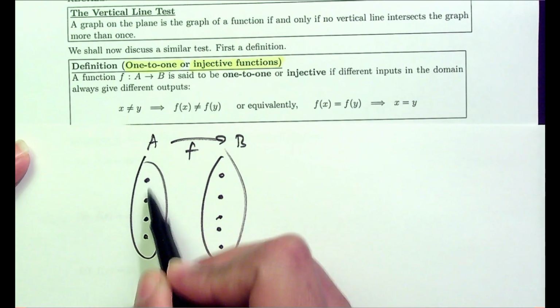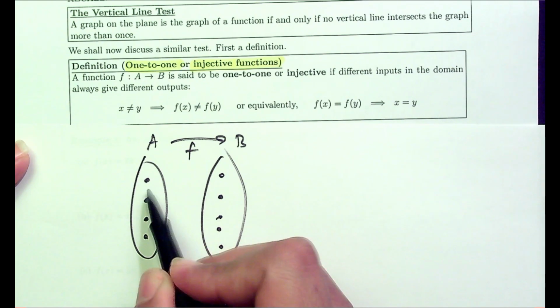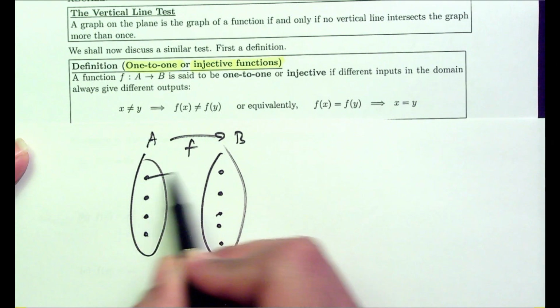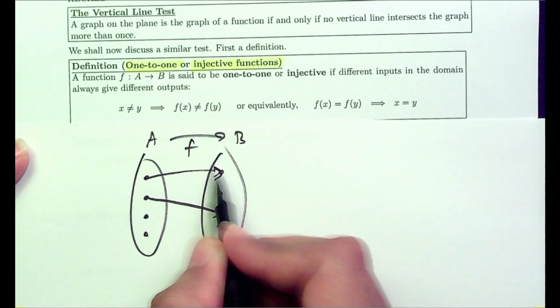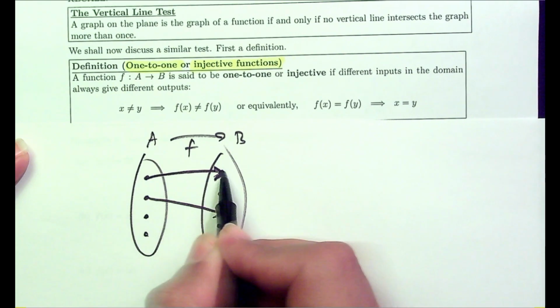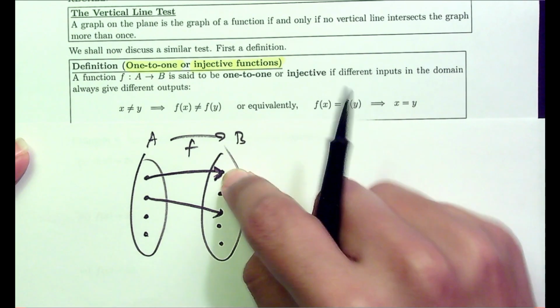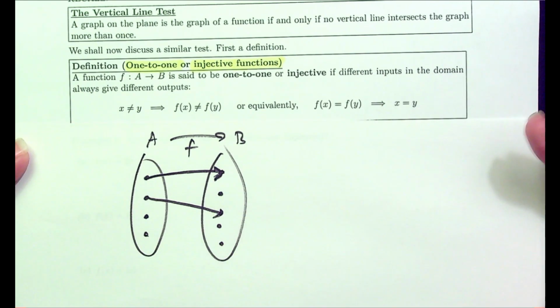So let's say I have these two inputs. They're different, so their outputs, whatever they happen to be, need to be different as well. Let's make something up. Let's say this one goes here and that one goes there. So the outputs are different.